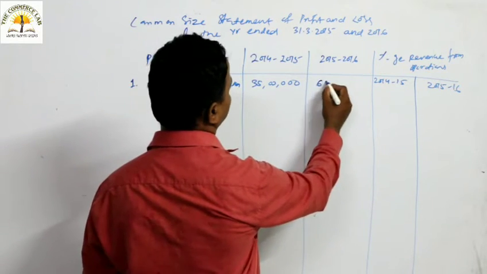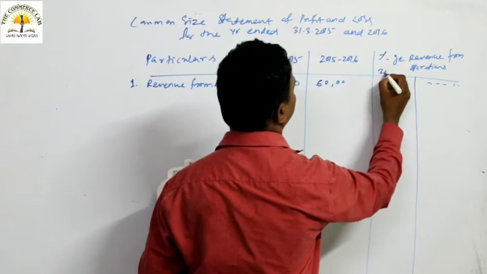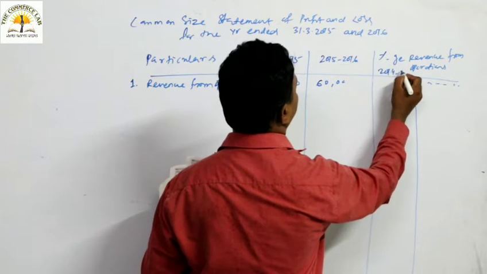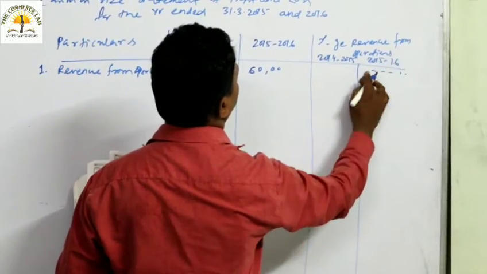Here you have to write 2014-15 and 2015-16.